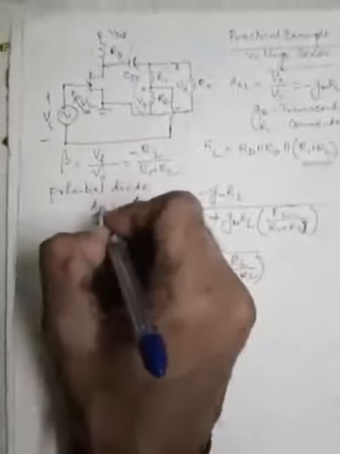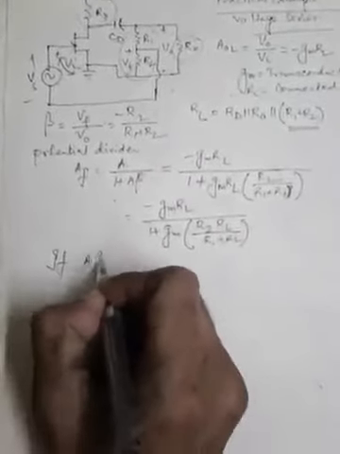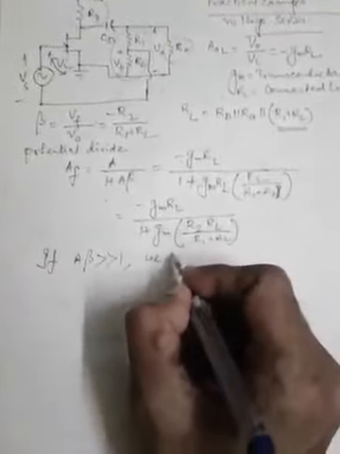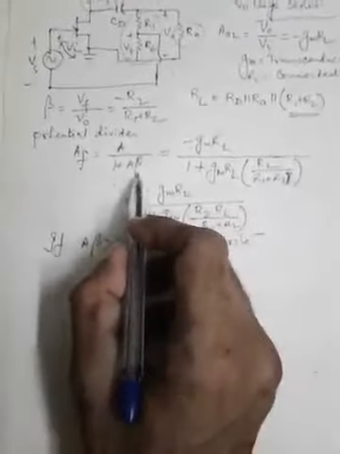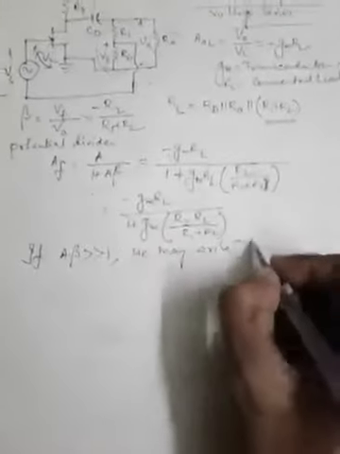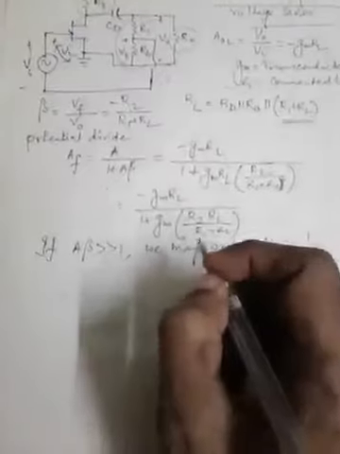Now if in this case A beta is far greater than 1, then we may write, if this A beta is far greater than this value, AF approximately equal to 1 by beta. So AF approximately equal to 1 by beta.